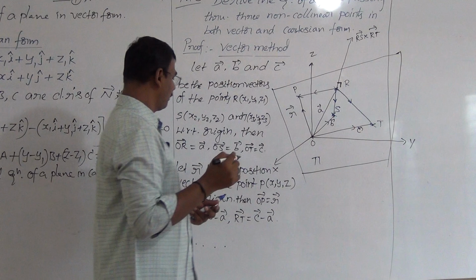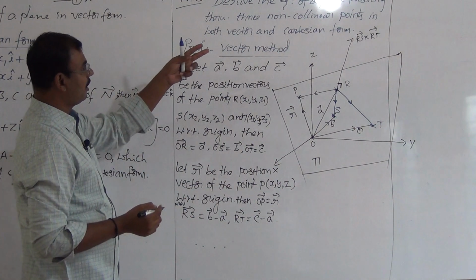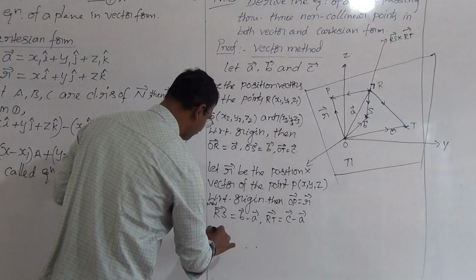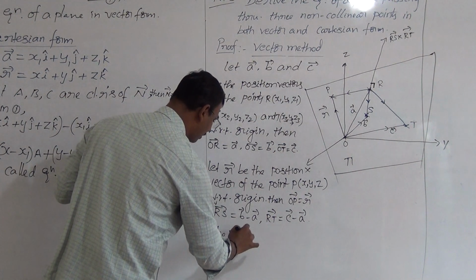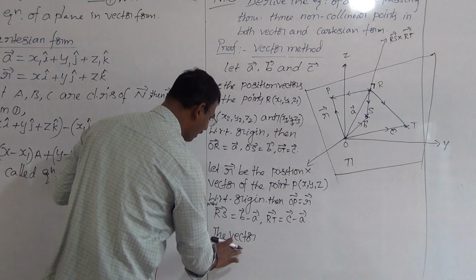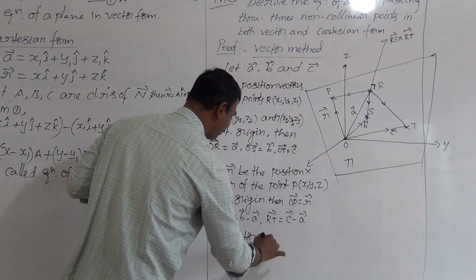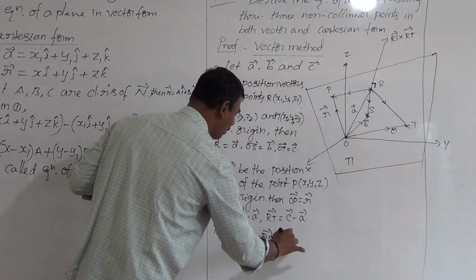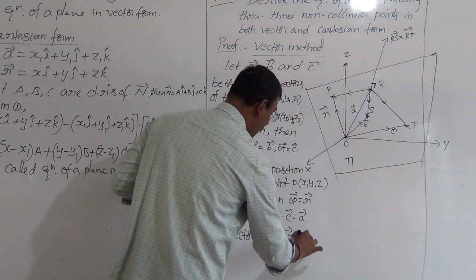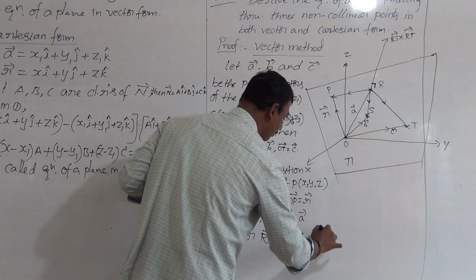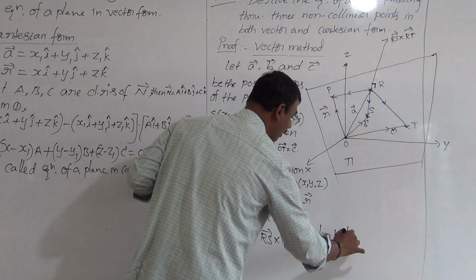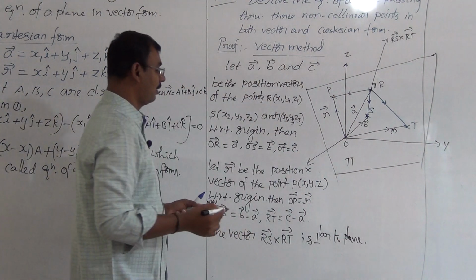Okay. Now observe that the vector RS cross RT is perpendicular to the plane only.